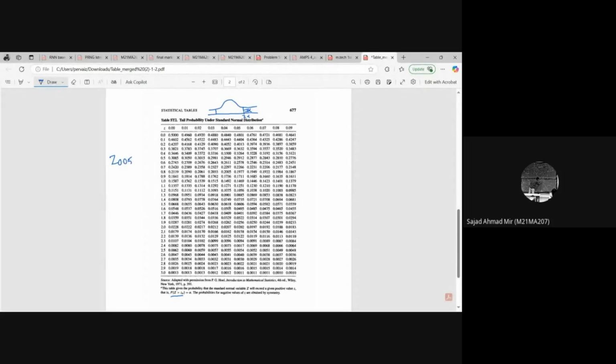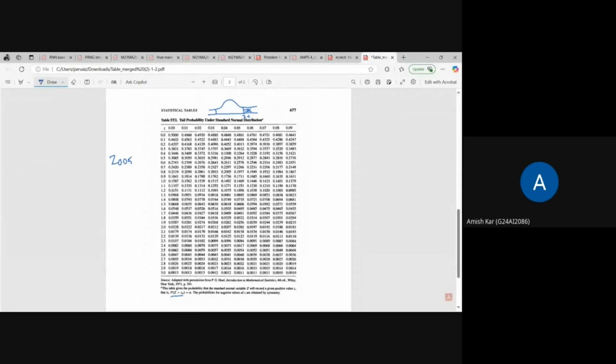The value you have to look for is where 0.05 is in between. What is 0.05? First row. So z at 0.05 is alpha by 2, right?